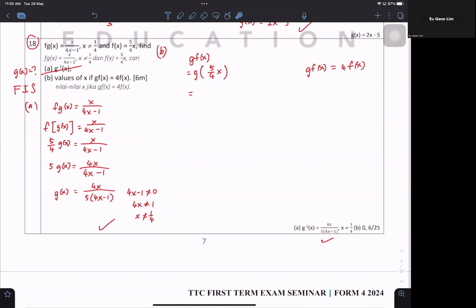So if you take this bracket and sub into this x and also this x, it becomes 4 bracket 5 over 4x over 5 bracket 4 bracket 5 over 4x minus 1. Understand?